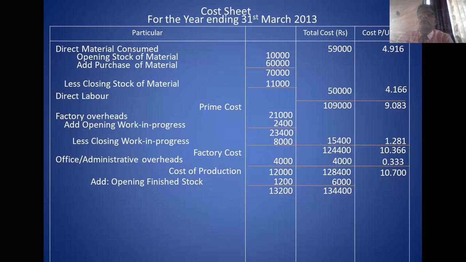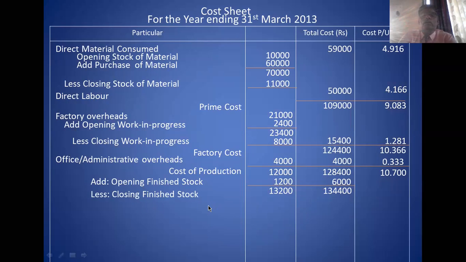Then less closing finished stock. Closing stock units are given, that is 3,200 units, but value is not given in the problem. Therefore, you have to calculate the value.